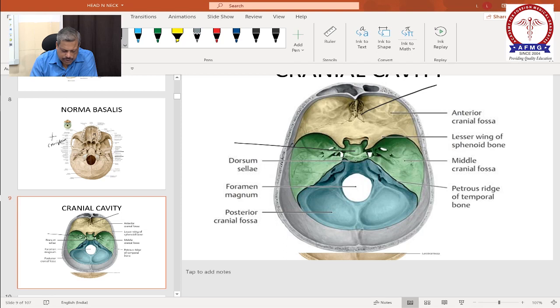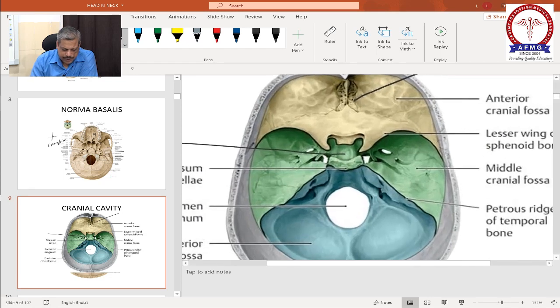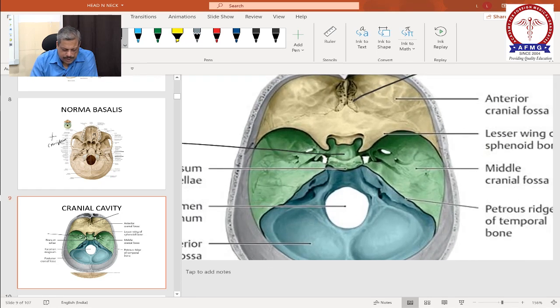This is known as the foramen lucidum. So identify this opening. Anterior and lateral to the foramen lucidum, this is a very important opening known as the foramen ovale.